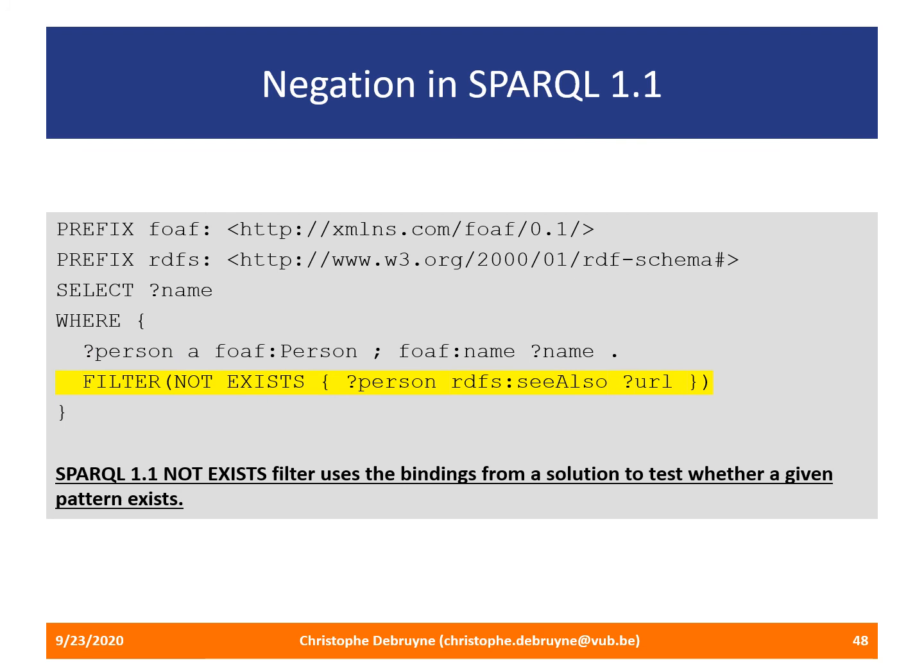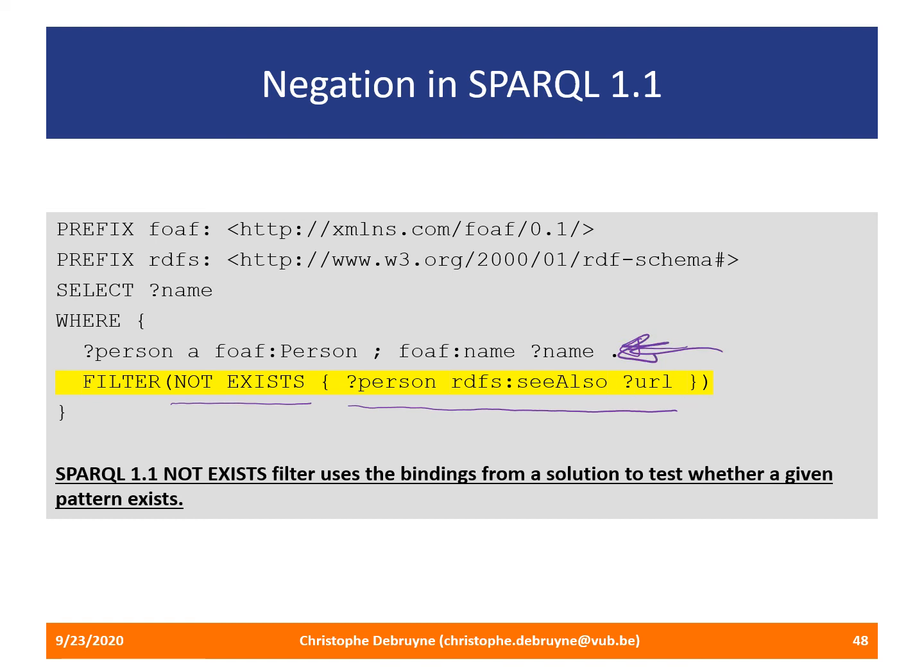With FILTER NOT EXISTS, on the other hand, you're looking to remove bindings from the solutions by testing for the non-existence of a pattern. In this particular example, again, we are looking for all the people and their names, and then we test: does the following pattern, that person has a seeAlso statement with a URI, not exist? And when that is true, we withhold that particular solution.